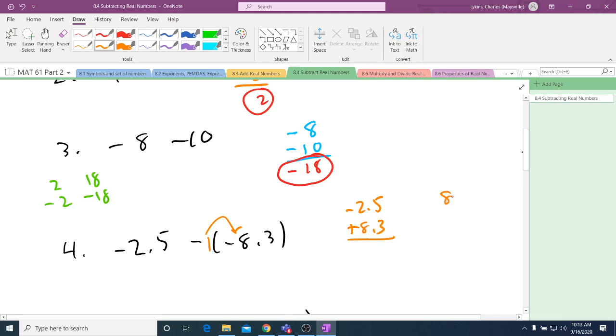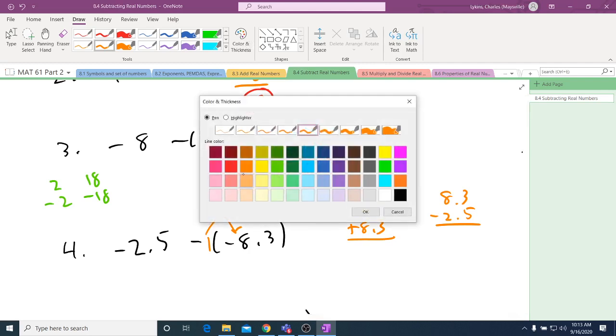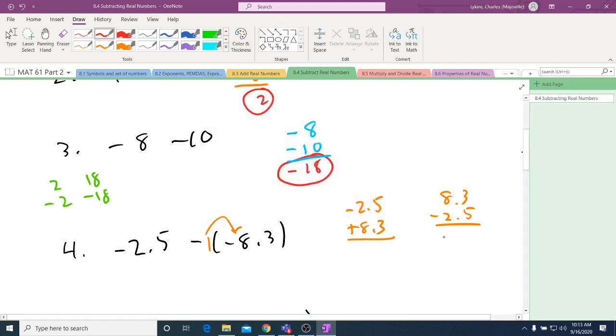Well, I'm going to put the 8.3 on top, subtract. I'm going to make that a subtraction by the negative. So then I'm going to just do this by hand instead of a calculator. So basically that turns into a 13. You borrow from the 7, so 13 minus 5 is 8, 7 minus 2 is 5.